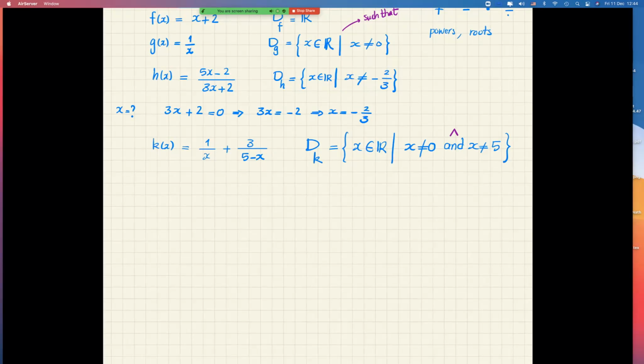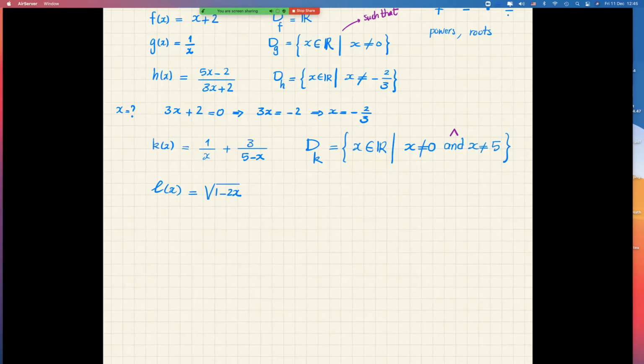There's also another type of example at the level of the book. So let me give another function, L of x. For example, the square root of 1 minus 2x. Here I want to find the domain of this function.